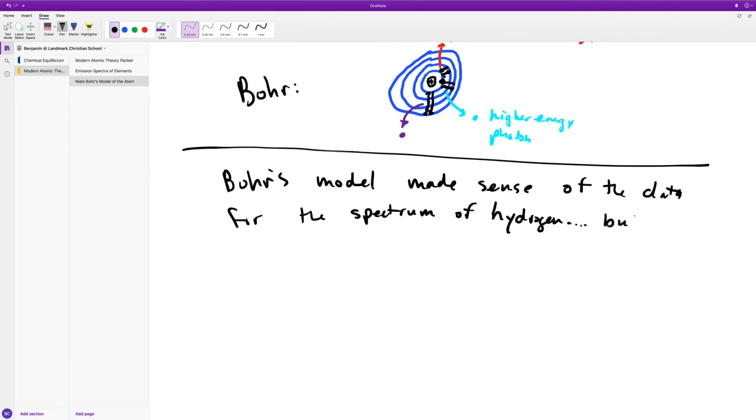But only for hydrogen. He had a lot of trouble figuring out the spectra of the other elements.